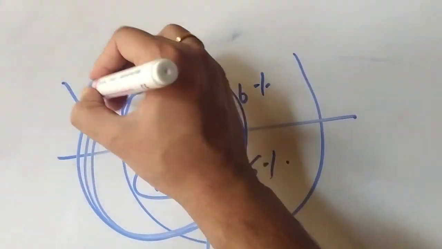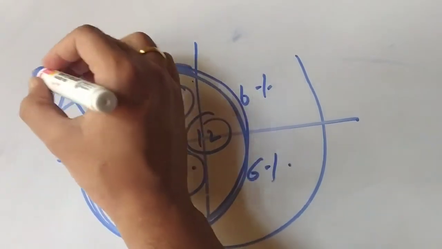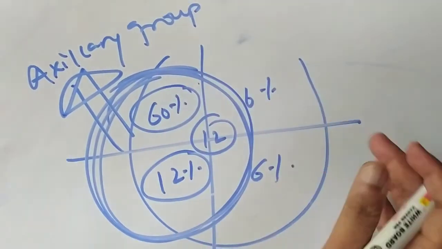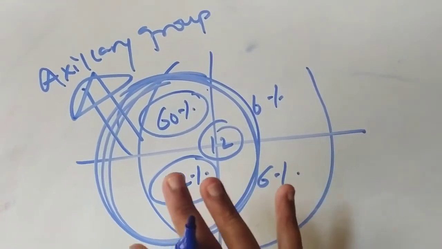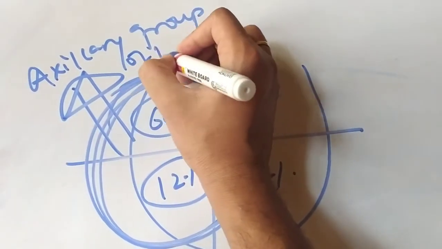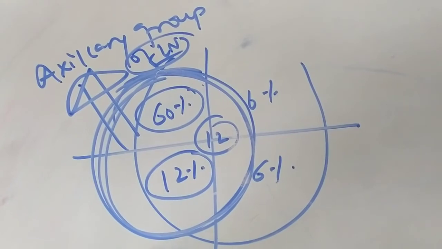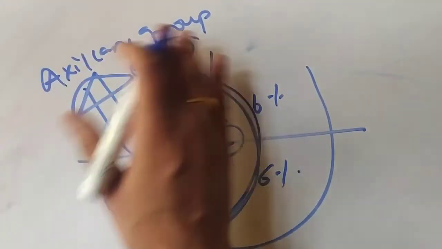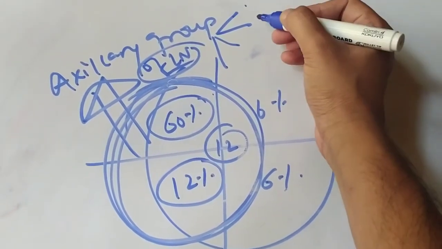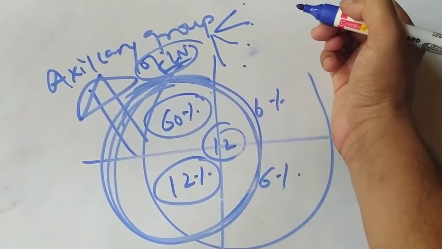That is why most of the lymph from the breast is drained into the axillary group of lymph nodes, and already I have told you all the levels. Those levels were included in the axillary group of lymph nodes, that is apical, anterior, posterior, lateral, the centrals, all were the axillary group of lymph nodes.